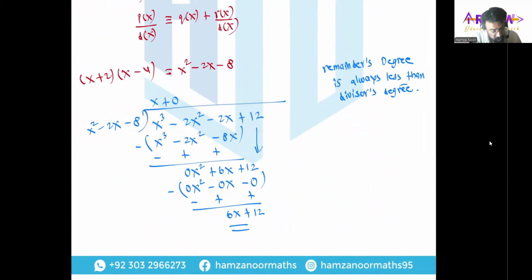All right, so you need to ask yourself by what term you multiply x square such that you get x cube. Obviously you need to multiply x square with x such that x cube will come exactly underneath x cube. Then this x will be multiplied with minus 2x, so you get minus 2x square.